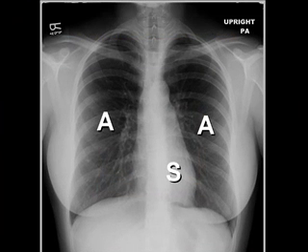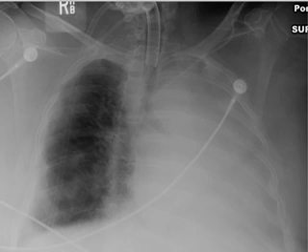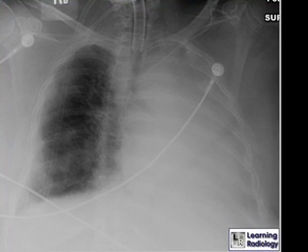The reason that we can see the heart inside of the chest is because the heart is fluid or soft tissue density, and the lungs on either side of it contain air. So they're 2 different radiographic densities. But if there is something that replaces the air in the lung that is the same density as the heart, then the edge between them will disappear.